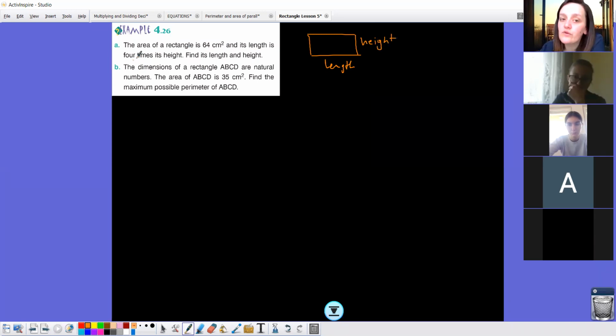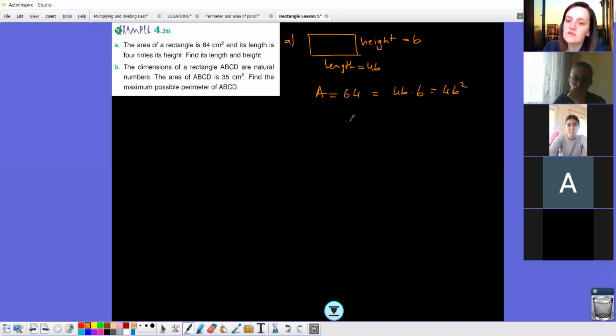So length is 4 times its height. If I say the height of this rectangle is B, length is 4B. And the area is given as 64. From the givens, we can write that area is 4B times B, which will be 4B squared.